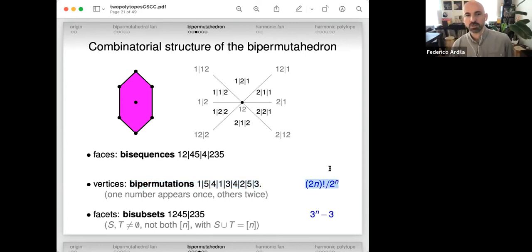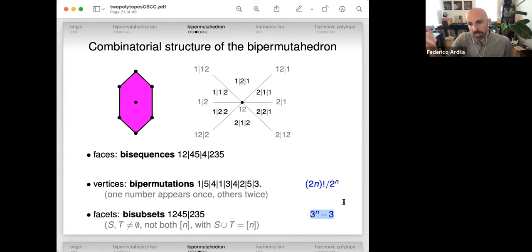Okay, so this is the number of vertices of the bipermutahedron. The facets are the coarsest bisequences. They only have 2 parts, and those are also easy to count. Once you get used to the definitions, if you unravel what this means, then you find that the number of these is 3 to the n minus 3. Okay.